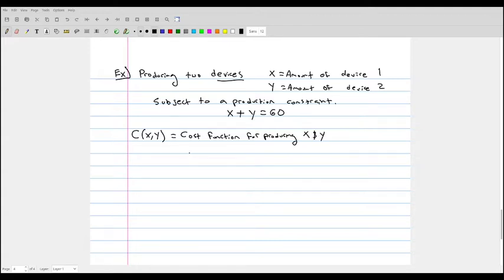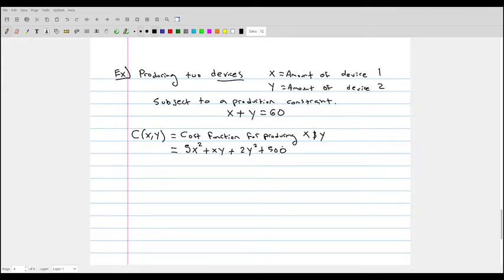Now this can take a lot of different forms in general, but we'll just say it's some sort of quadratic function of x and y. Say for certain reasons it's going to be 5x squared plus x times y plus 2y squared plus 500.